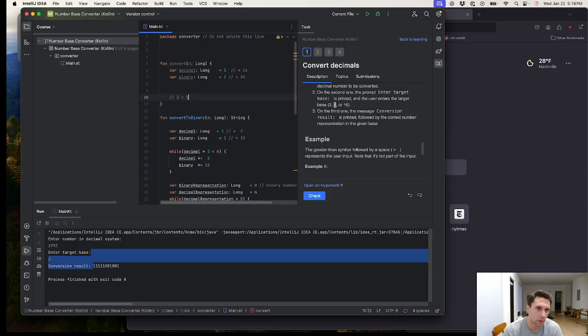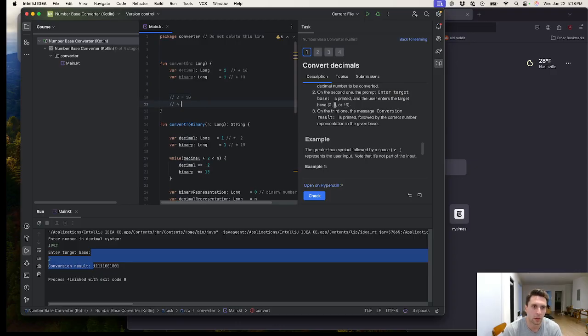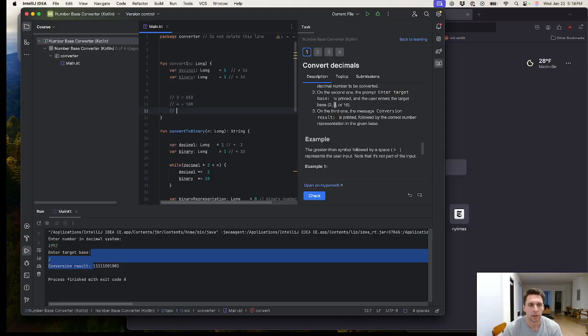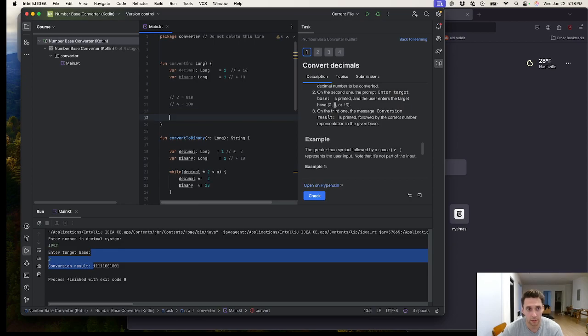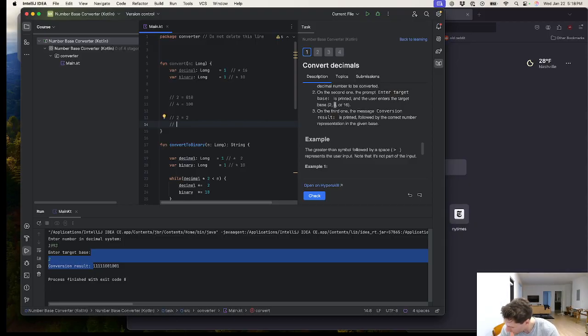So like 2 equals 10, 4 equals 100, right? So this was obvious to me. Now, if I did hex, 2 equals 2. See, I don't think I can do this. 4. So you times by 2 each time. But I think you would do 16 actually. Oh, I think that's it.